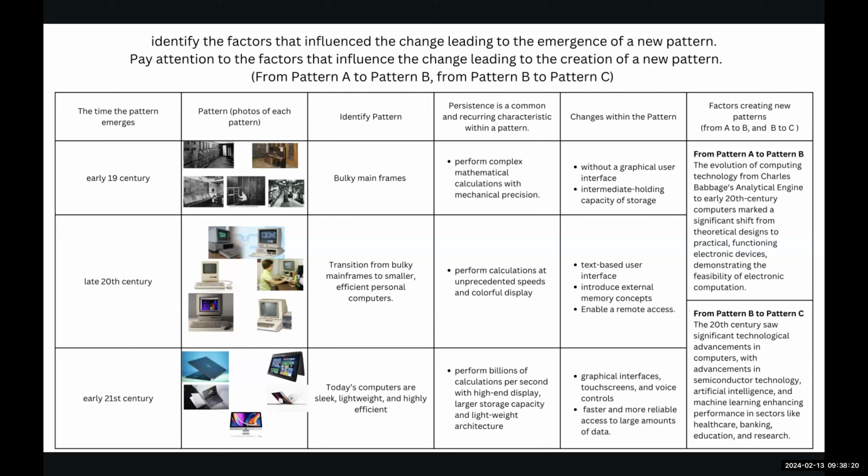In the early 21st century, it developed a lot, performing billions of calculations per second, with high-end OLED displays, larger storage capacity like 1 TB, 2 TB, and a very lightweight architecture design.